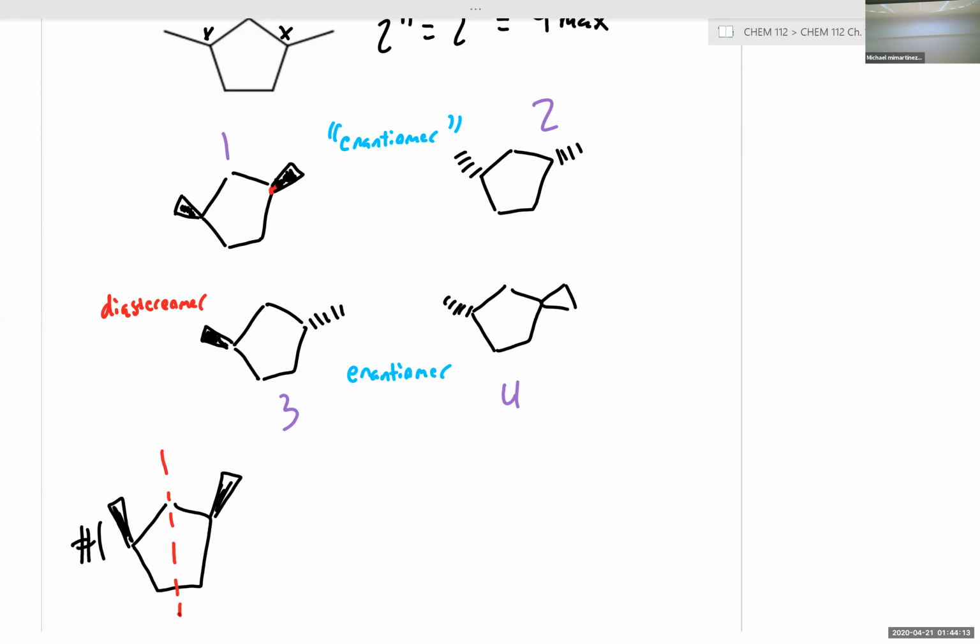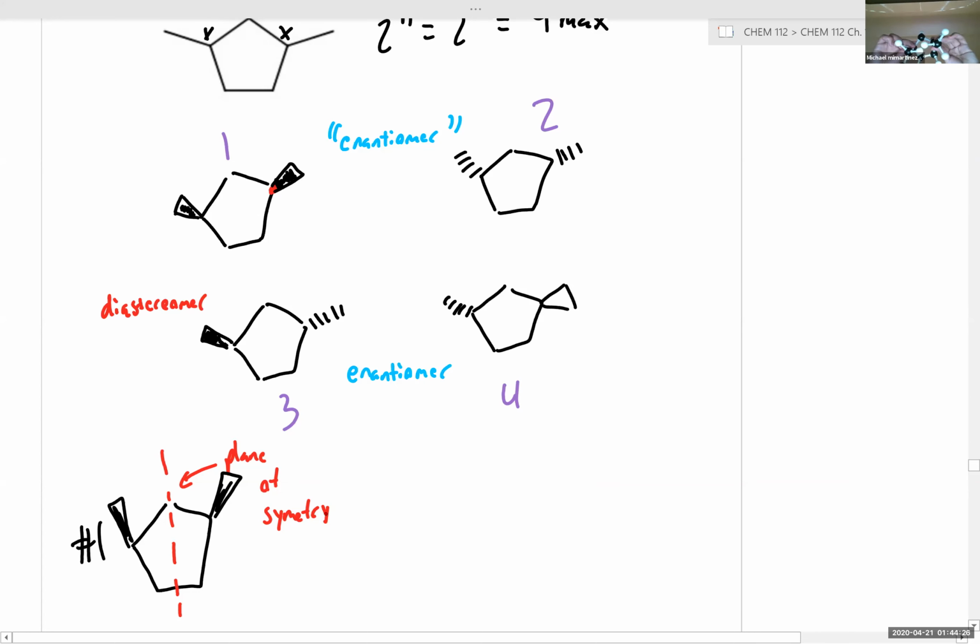Does this molecule have a plane of symmetry? Yes. So there is a plane of symmetry. So here's a model of the up-up 1,3-dimethyl cyclohexane. If we cut it down the middle, our substituents are exactly the same on both sides.